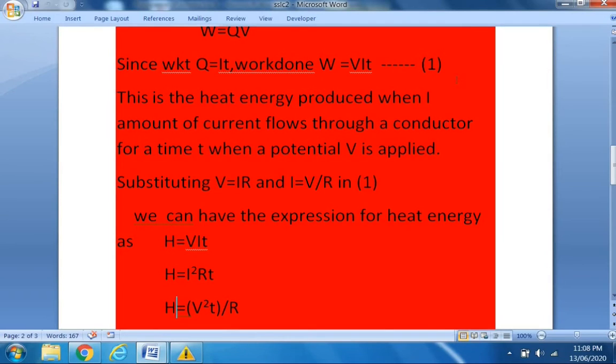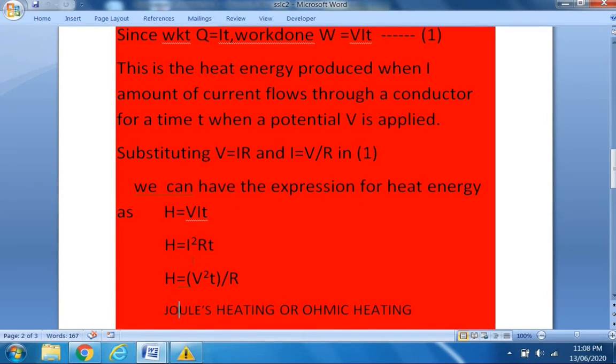So we got the expression for heat energy as H is equal to V into I into T. When we substitute V is equal to IR and I is equal to V by R in equation 1, we get the other two expressions for heat energy also. So these are the 3 equations for heat energy: H is equal to VIT, H is equal to I square RT, H is equal to V square T by R.